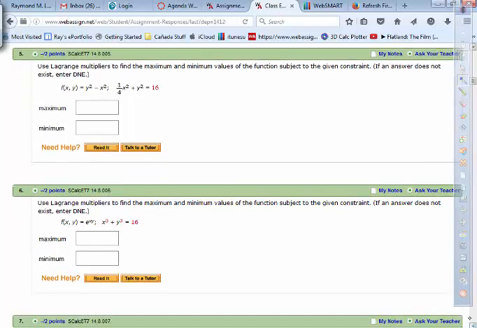Five or 6? Have you guys looked at the homework? See if it's any of these. Want to pick one? 5 or 6? Six. Let's take a look at number 6.